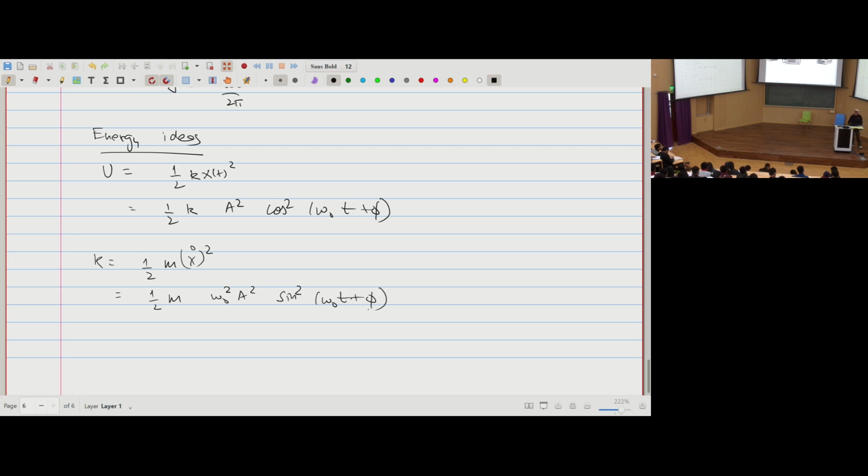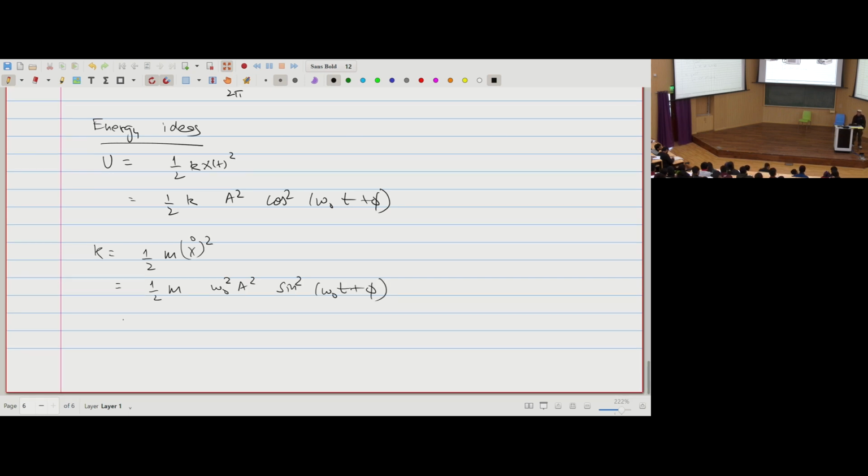Then we have a sine instead of a cos because we differentiated x. And omega naught squared, remember, was k by m. So I can write m in terms of k and omega naught. So this simply gives us half k A squared sine squared omega naught t plus phi.